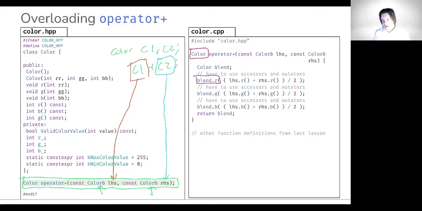Using that setter or mutator, to actually get the values to perform that blend, I have to use accessors because I don't have access to the private data directly. I add those two together, take their average to blend it out, and then that result is assigned to blend's R through its setter. The same process happens for G and B. And then I return that brand new color object for the user to do something with.